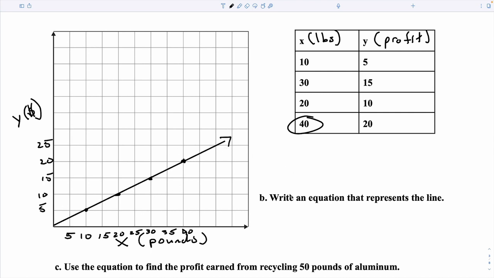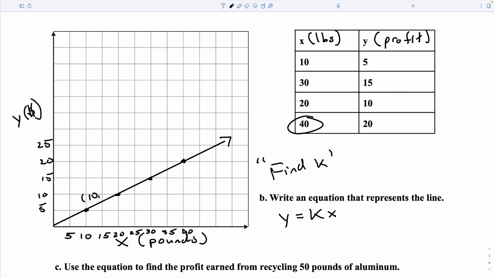Okay, so we want an equation that is going to use k. We need y equals kx. Let's find k first. Go over to your first point. 5. I don't have a really great number that I can use for 5, so let's go to this point here.